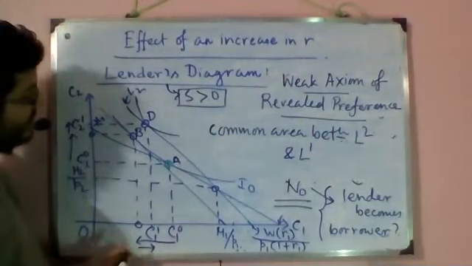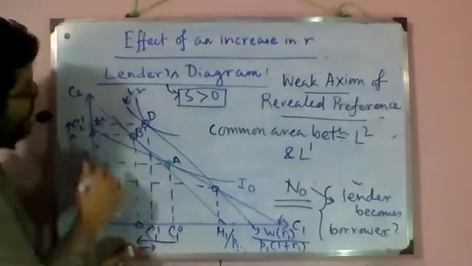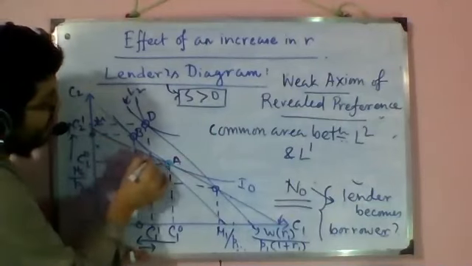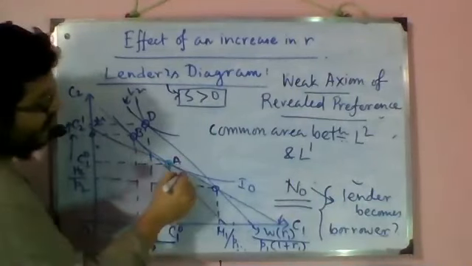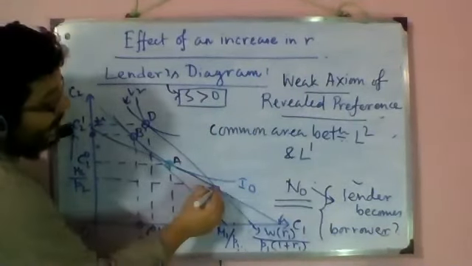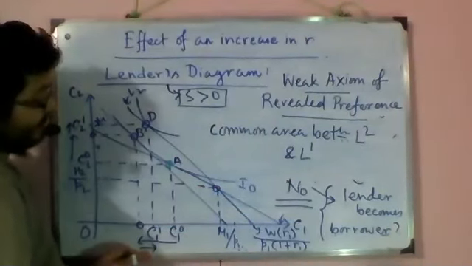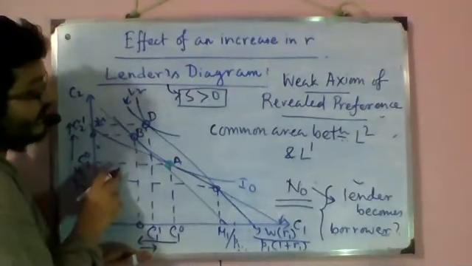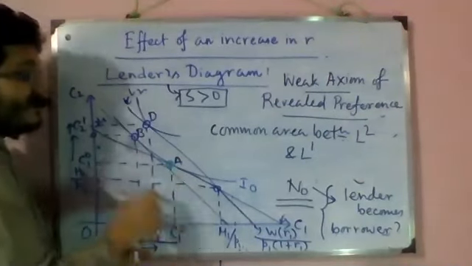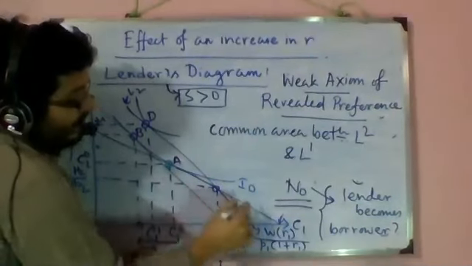So this area was available earlier, right? Okay, so that means the consumer is not going to choose anything in this area. Now, that's a different point about borrowing, we can exclude this area, right?